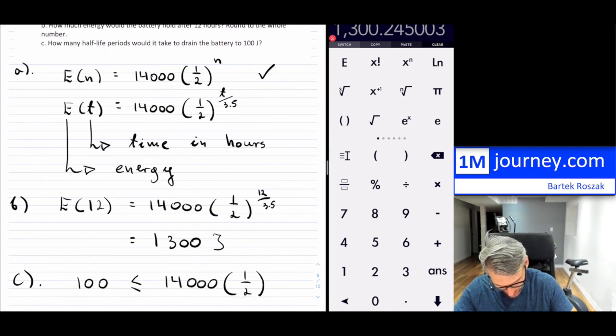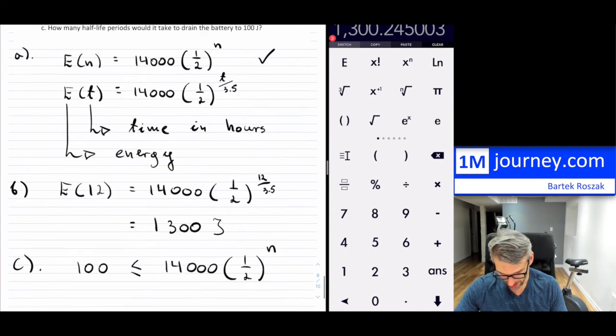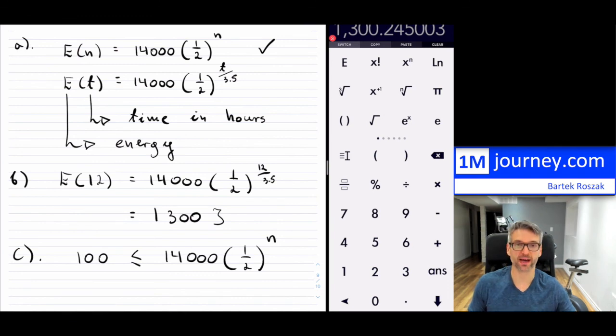And we want to know T over 3.5. So how many half-life periods? If they want to know half-life periods, I'm going to keep it in N instead of T. So how many half-life periods would it take? Well, let's try to see. I'm going to do it by graphing.